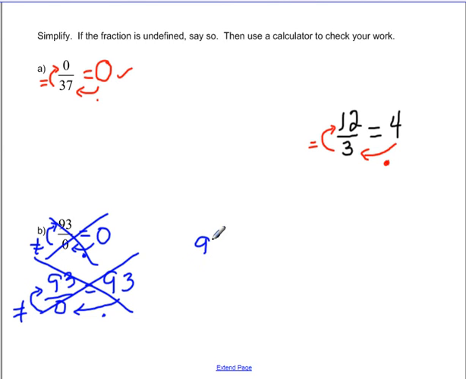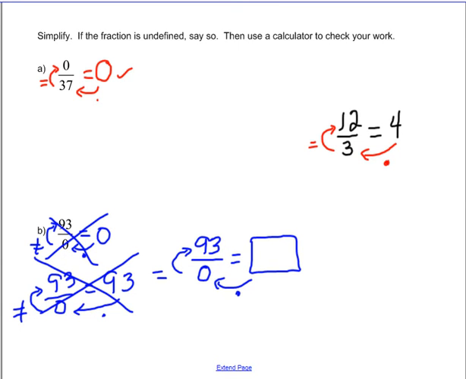If we have 93 and we're going to divide that by 0, what we need to do is figure out what number could we put in here that when I multiply it by 0, it would equal 93. And the answer to that question is there is no number that I can put here and multiply it by 0 and come up with 93, because anything times 0 is always going to give me 0.